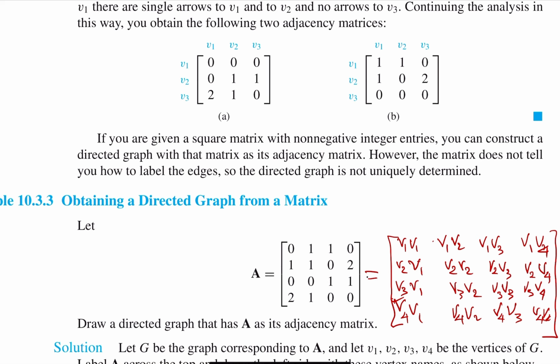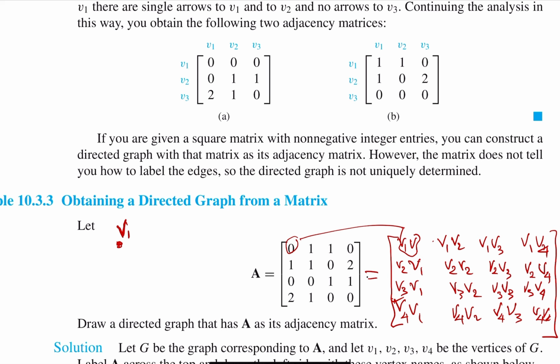Think about that one. Now V1, V1 is 0. At the vertex V1, we don't have a loop, so we just put V1 here, no loop.